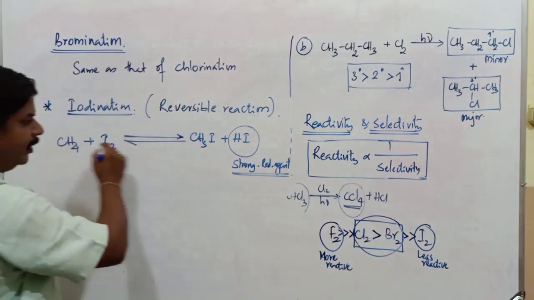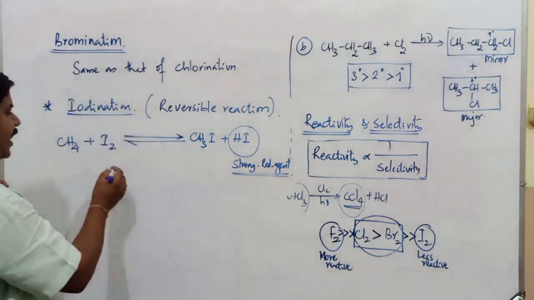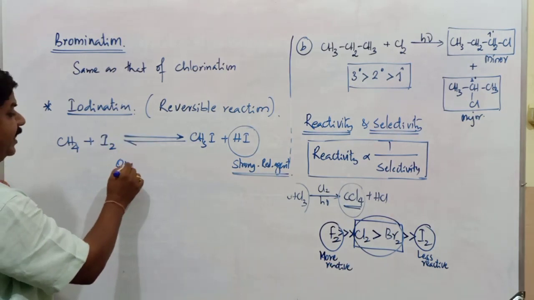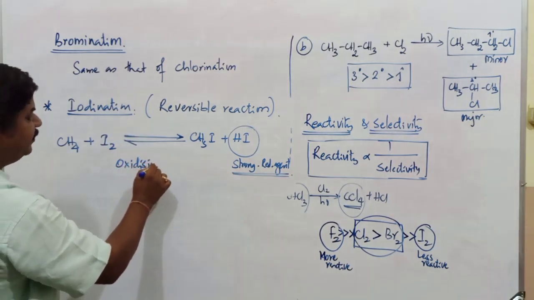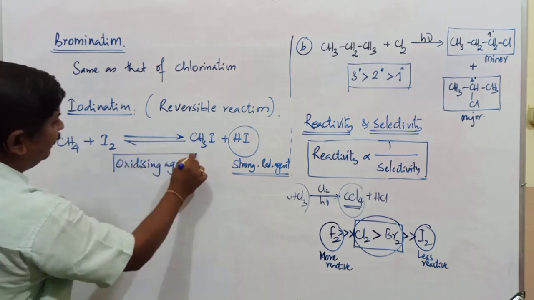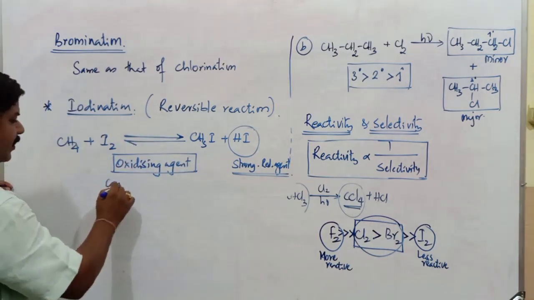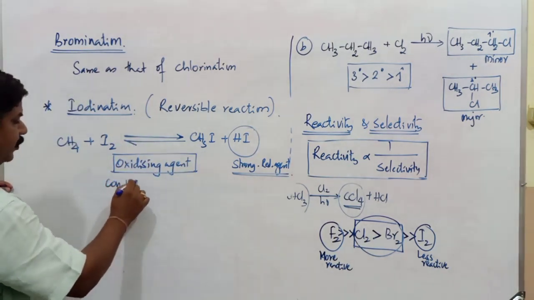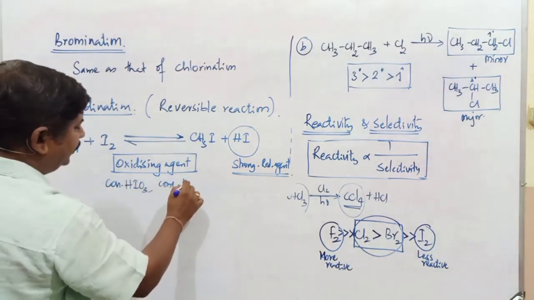In order to carry out the reaction in only the forward direction, we have to add a certain amount of oxidizing agent. What are the different types of oxidizing agents? It may be concentrated HIO3, iodic acid, or concentrated HNO3.